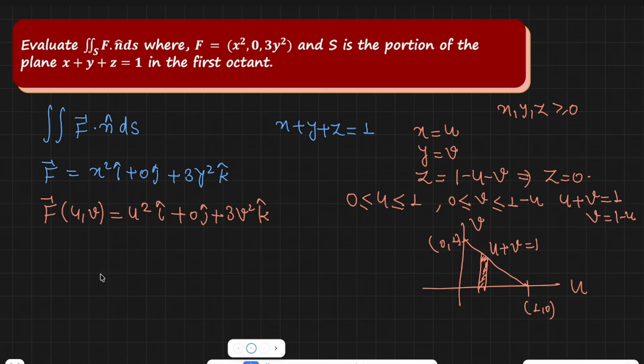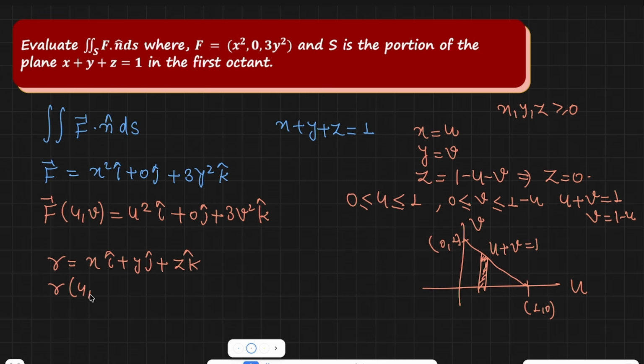Now find the r vector. So what is your r vector? r will be x i cap plus y j cap plus z k cap.